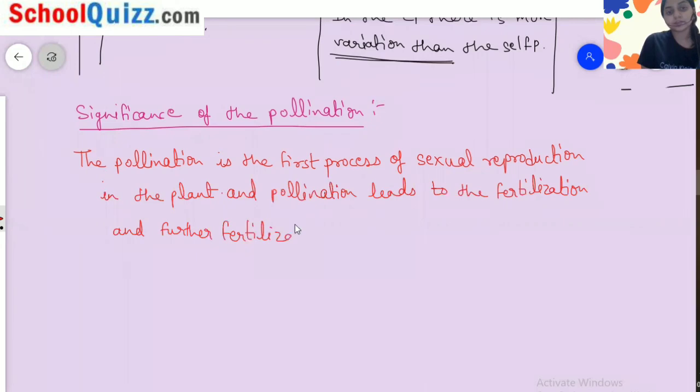Fertilization leads to the formation of zygote, okay.